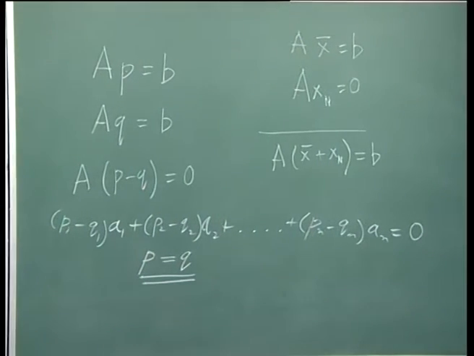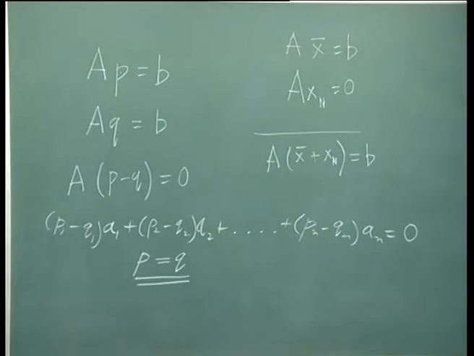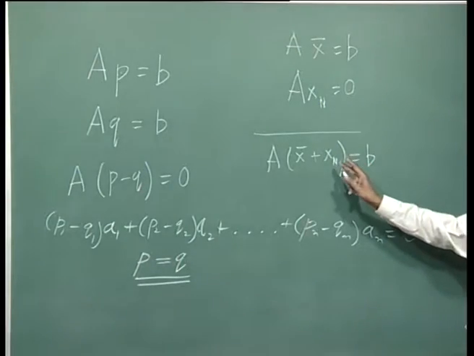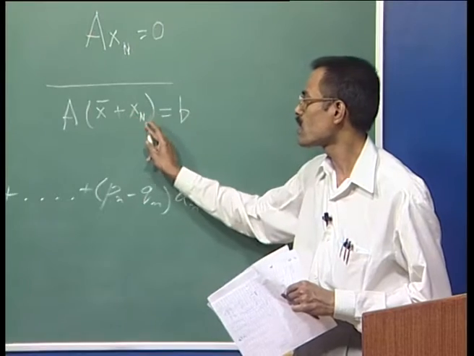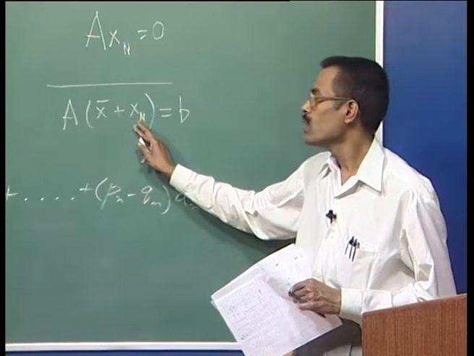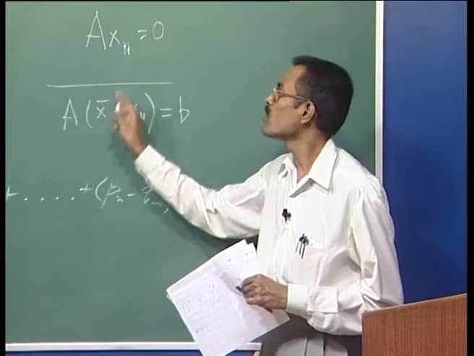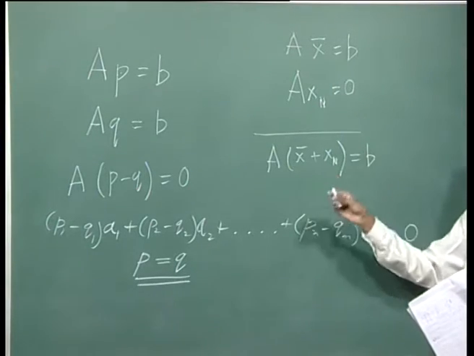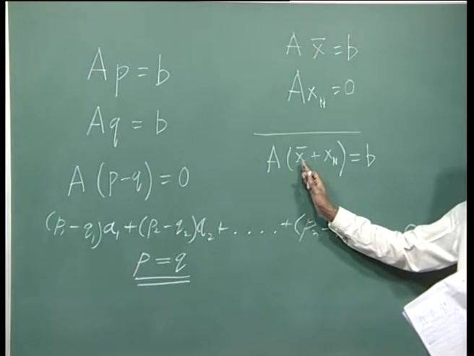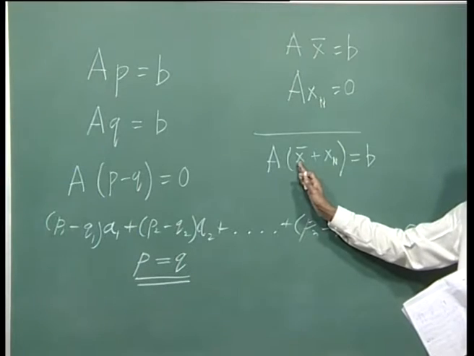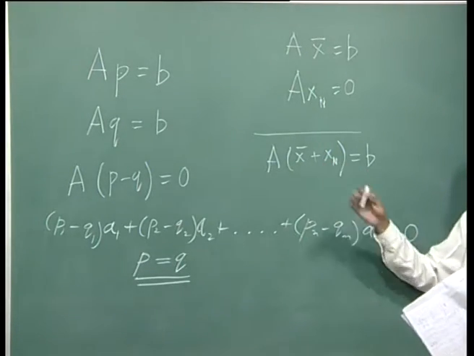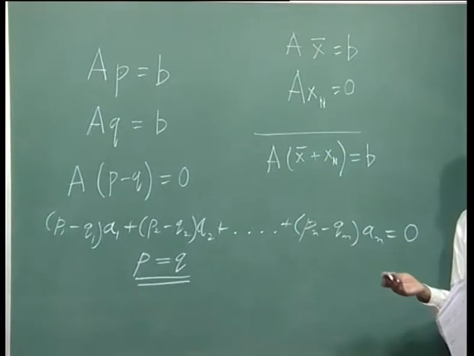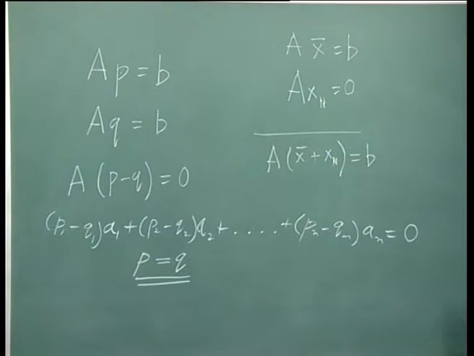So, now we have two sub problems. One is to make a description of the null space, to describe all vectors which can sit in this place, and to find one solution of the system A x equal to b. And then when we add that one particular solution with this arbitrary null space member, we have got a complete description of the solutions of A x equal to b.